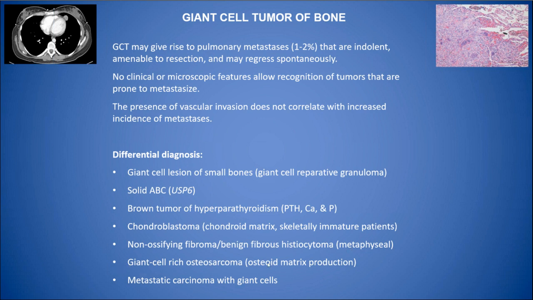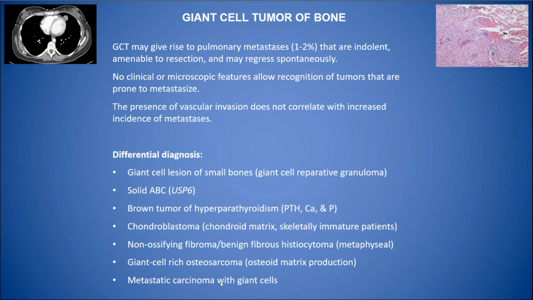Giant cell-rich osteosarcoma is a rare type of osteosarcoma that has an overabundance of osteoclast-type giant cells, but characteristically has osteoid matrix production, and there will be clear and definitive nuclear anaplasia, mitotic activity, and necrosis, which will help distinguish it from a giant cell tumor.